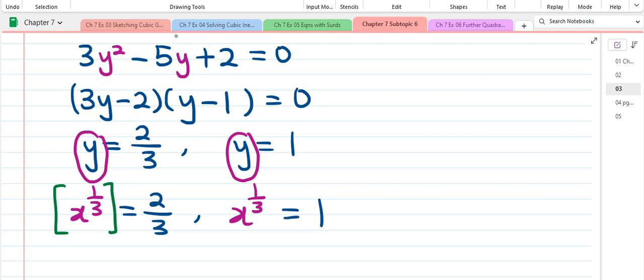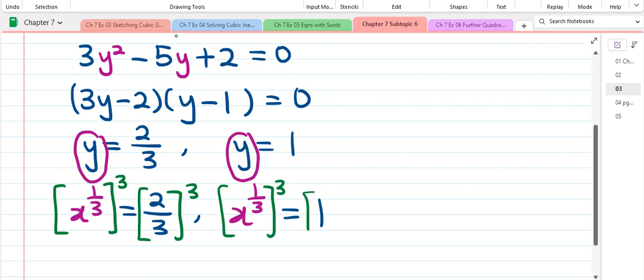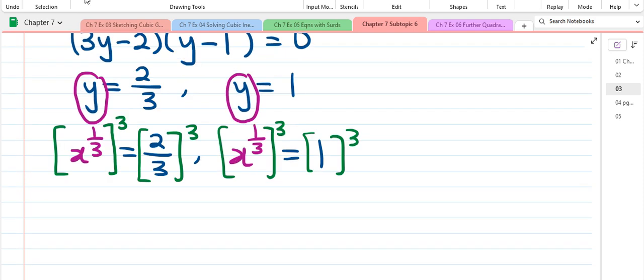The reciprocal of 1 over 3 is the power of 3, which means both sides can be cubed. So x power 1 over 3 power 3 will give you back x power 1, which is the solution. The right side over here is 2 over 3 cubed.